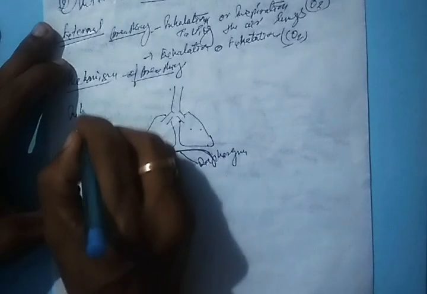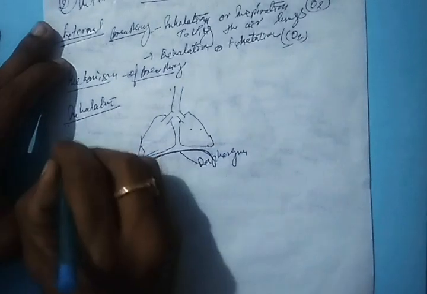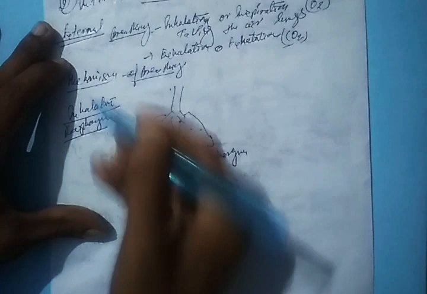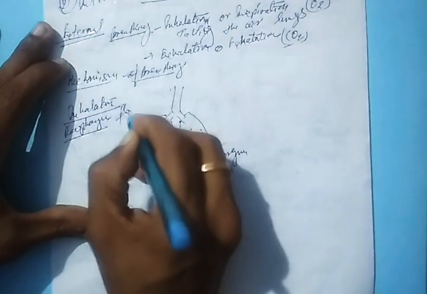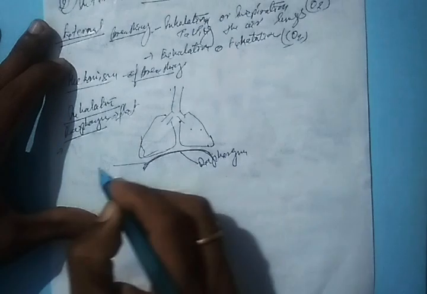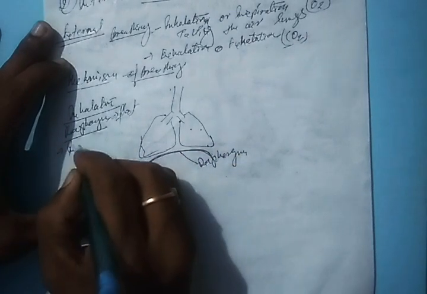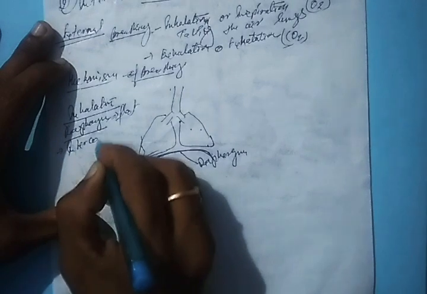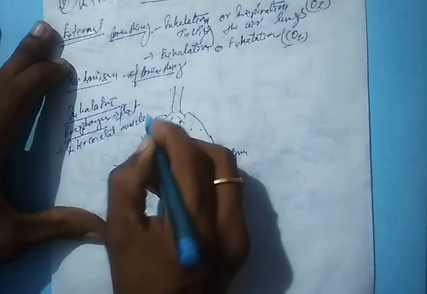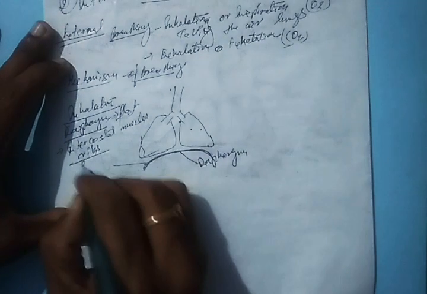during inhalation. Diaphragm becomes flat. Okay, and your intercostal muscles that are present in your ribs expand.